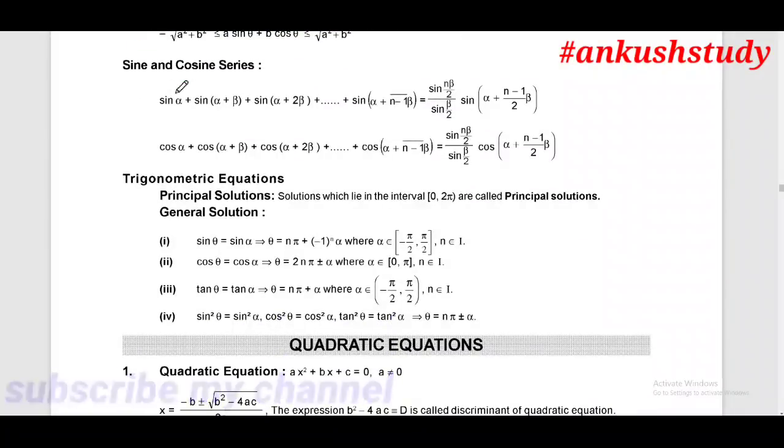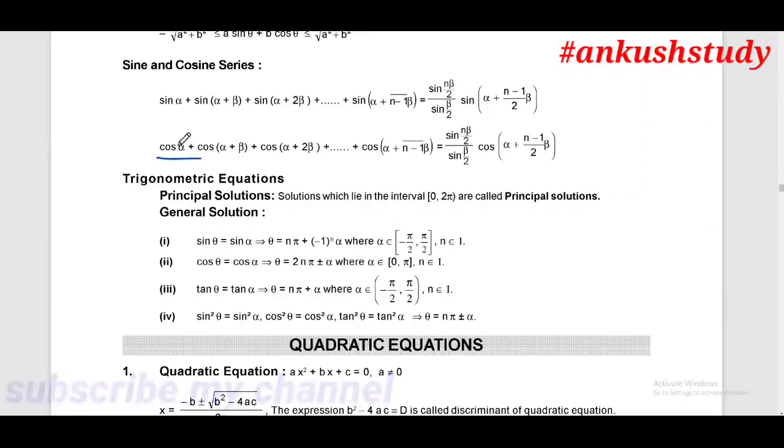And now the sine and cosine series: sine alpha plus sine (alpha plus beta) plus sine (alpha plus 2 beta) plus and so on, up to sine (alpha plus (n minus 1) beta), equals sine (n beta upon 2), the whole upon sine (beta upon 2), into sine (alpha plus (n minus 1) upon 2 beta).